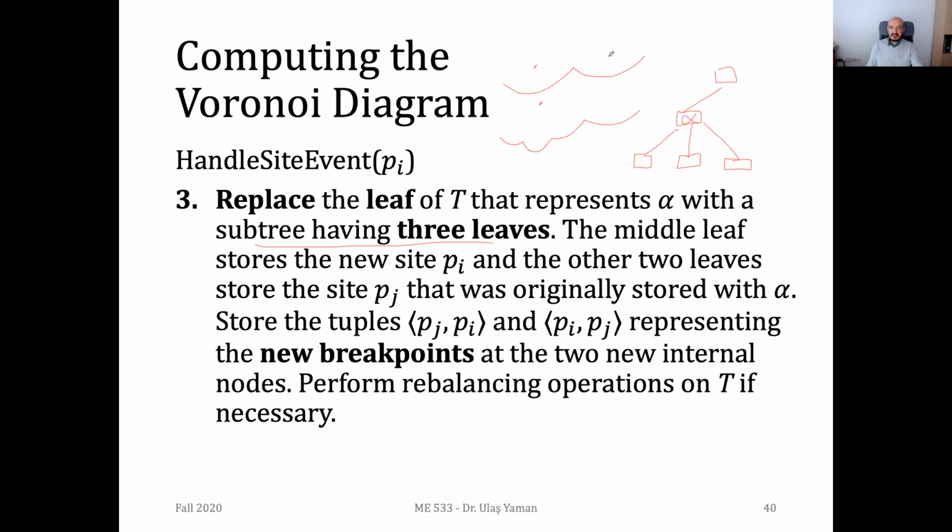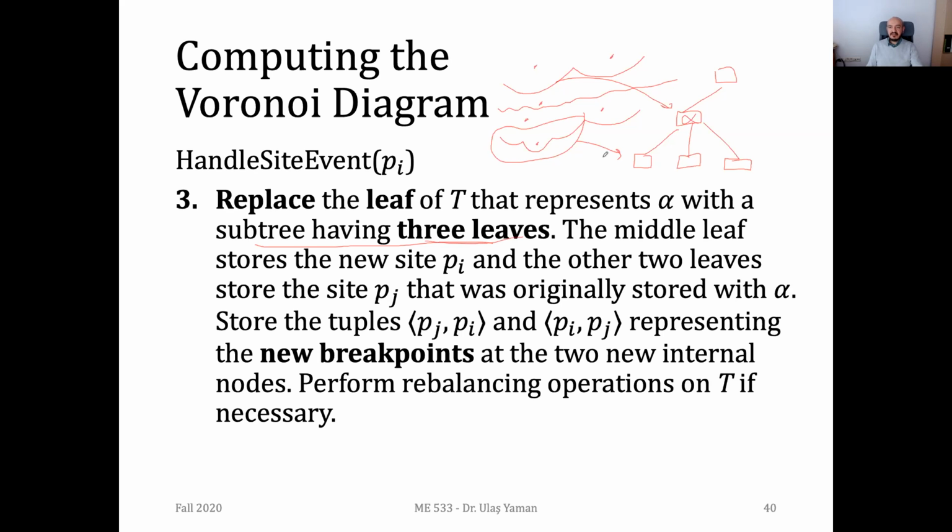Initially these were the sites, and again their orientation is the same. Assume that below is the modified beach line. Initially this was alpha, and now instead of alpha we have these 3 smaller arcs. We can represent these with the help of 3 new leaves.